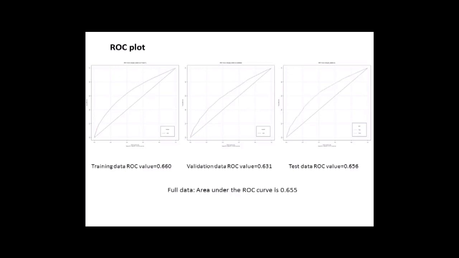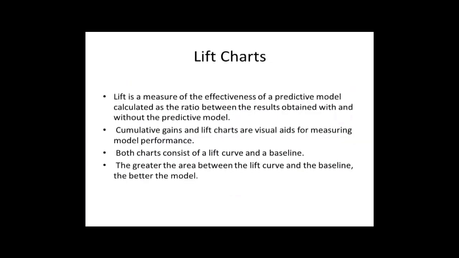This means that the decision tree model is good but not excellent. Lift is a measure of the effectiveness of the predictive model, calculated as a ratio between the results obtained with and without the predictive model.